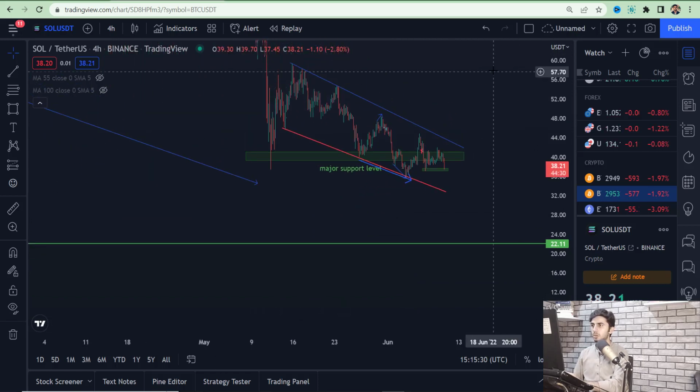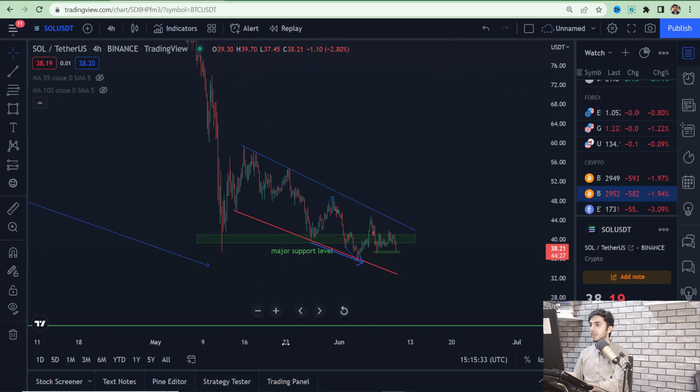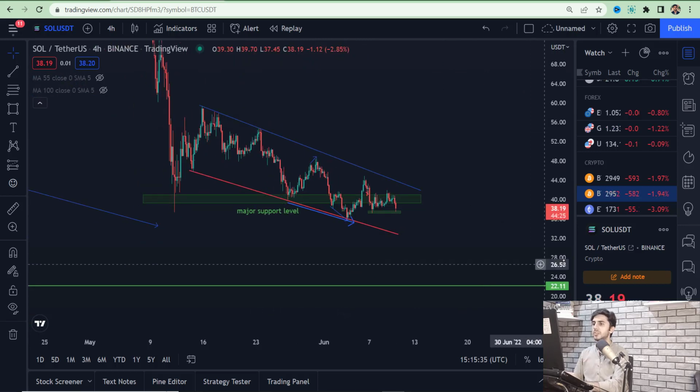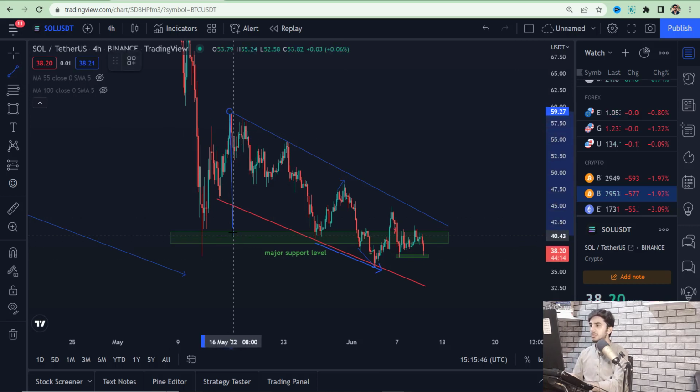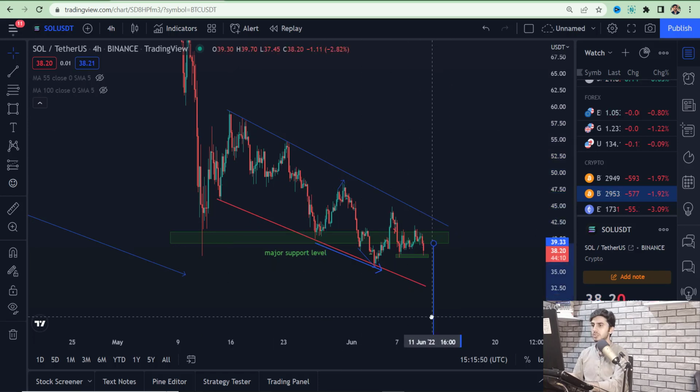Okay, now let's talk about the structure. Now on the Bitcoin, you saw this same structure, this straight line. This is a bullish, I don't know, I can't remember its name. But what we do know is that this triangular structure breaks towards the downside if it has to break.